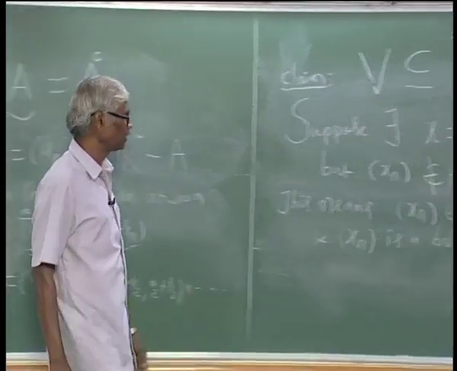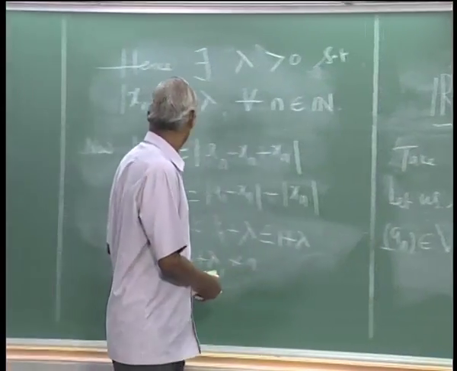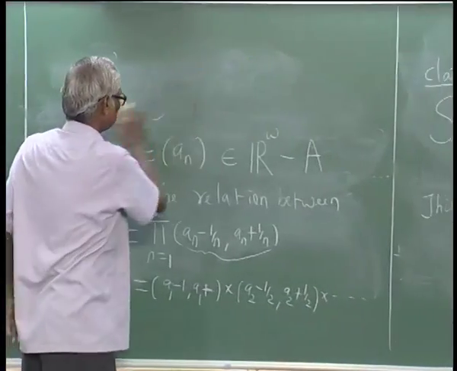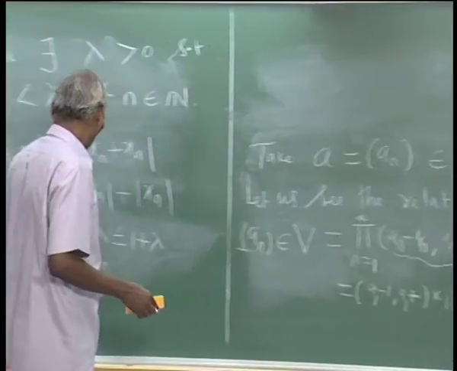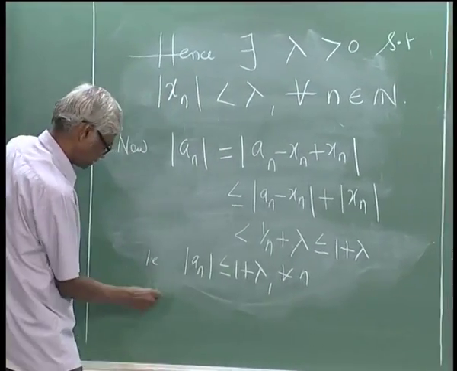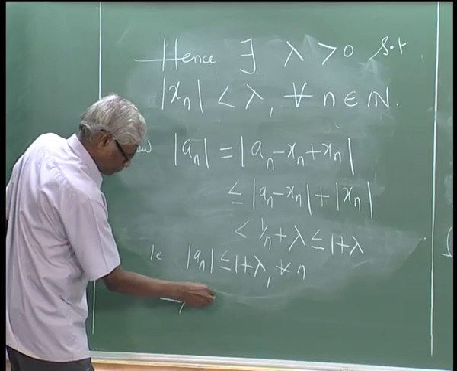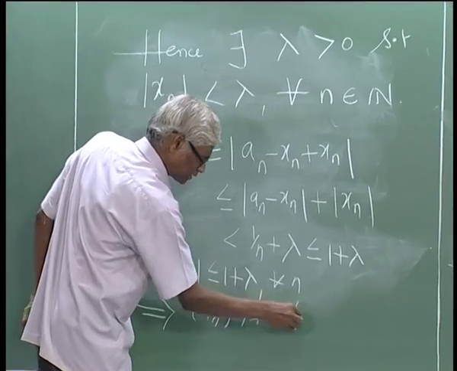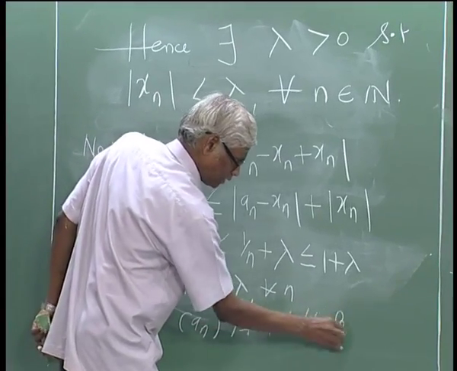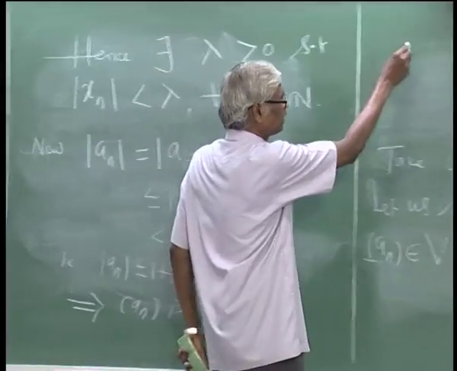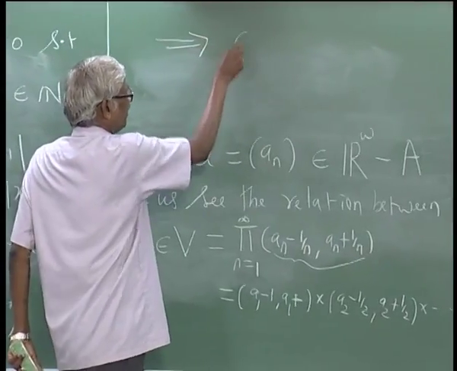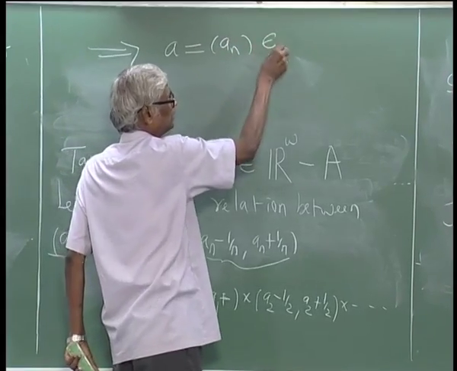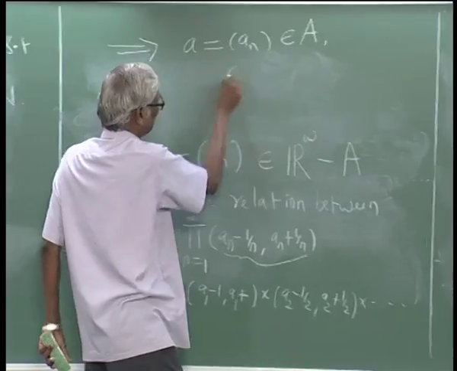So hence we have proved that this gives a contradiction, that is, this implies a_n is a bounded sequence, that implies a_n belongs to capital A, a contradiction.